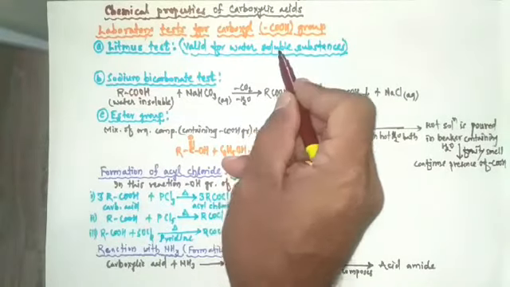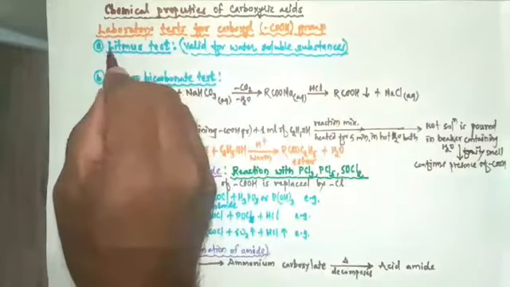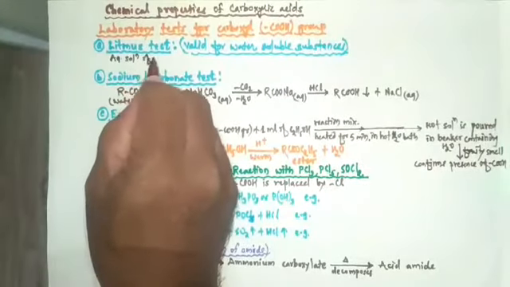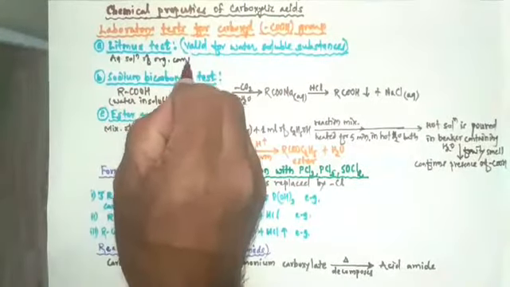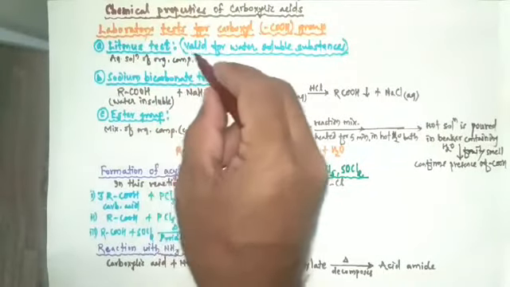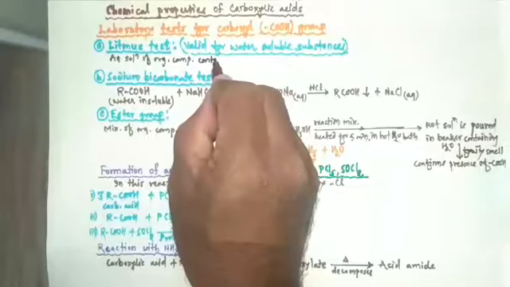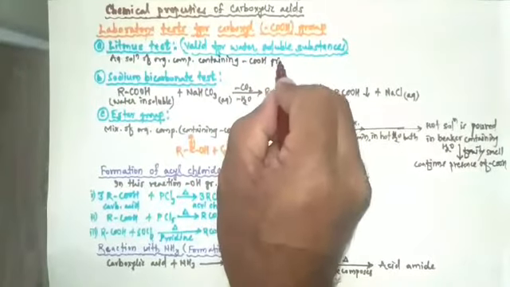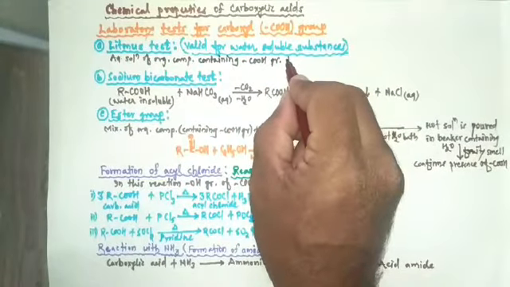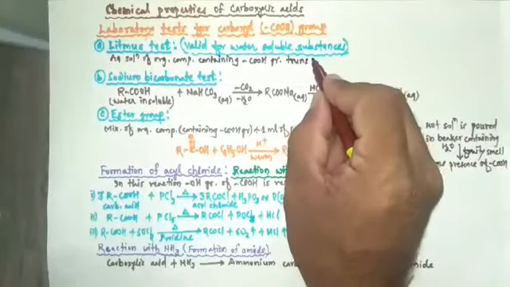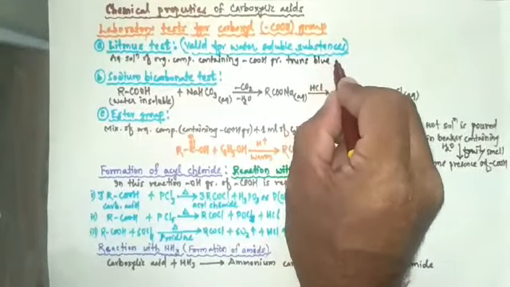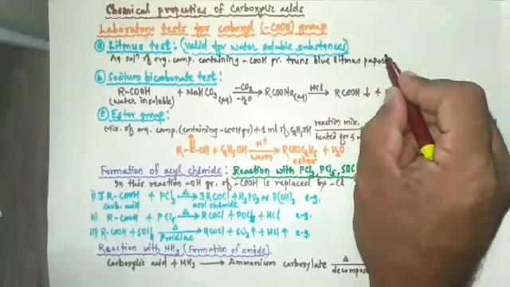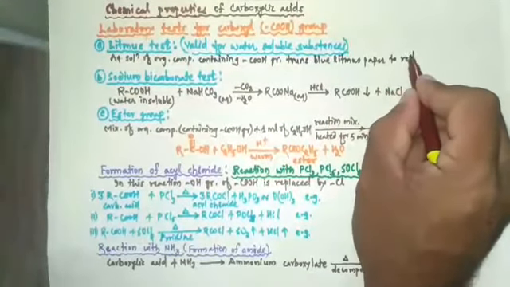An aqueous solution of an organic compound containing a carboxyl group, that is the COOH group, turns blue litmus paper to red.